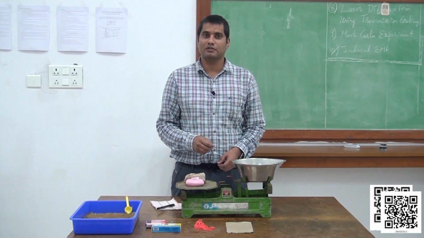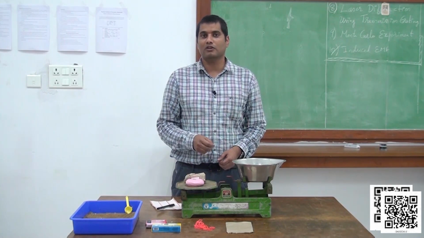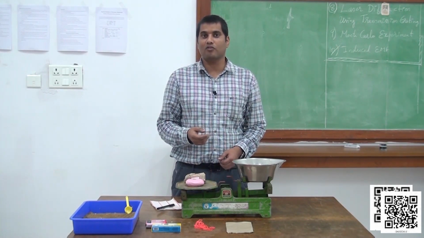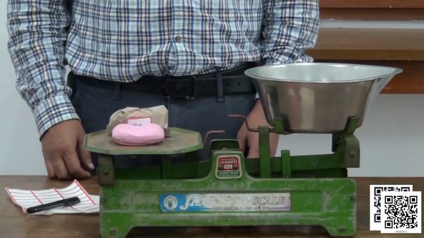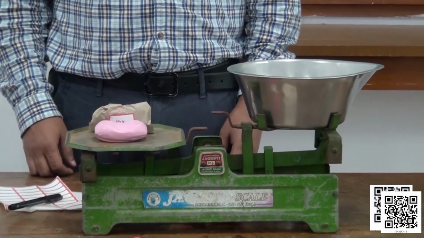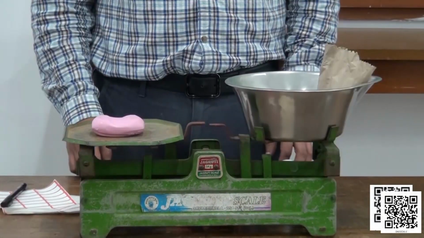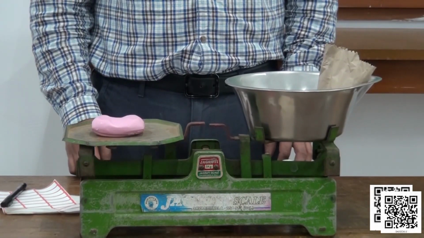Similarly students, you also try to make your own weights using different cakes of soap. So students, these two things, soap and the weight we have made using sand, have a total weight of 200 gram.